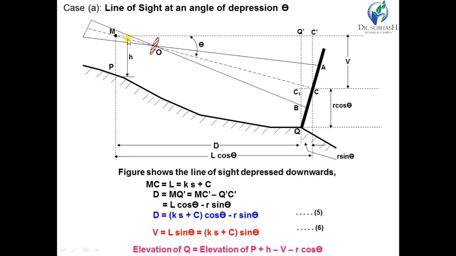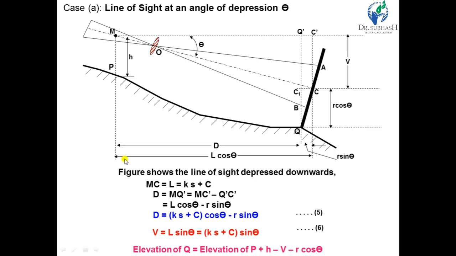So the value of MC, M to C, which is L, is equal to Ks plus C. The distance perpendicular to our staff is equal to Ks plus C. So D is equal to MQ dash, because the line of sight and our staff is far from the horizontal or vertical axis of sight.